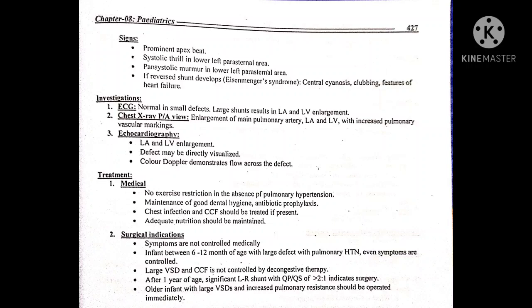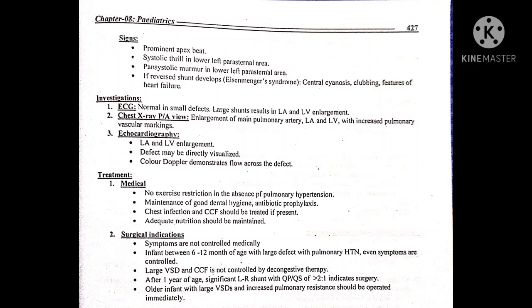In echocardiography, we can see that the left atrium and left ventricle are enlarged. We can visualize the defect directly, and color Doppler demonstrates the flow across the defect.